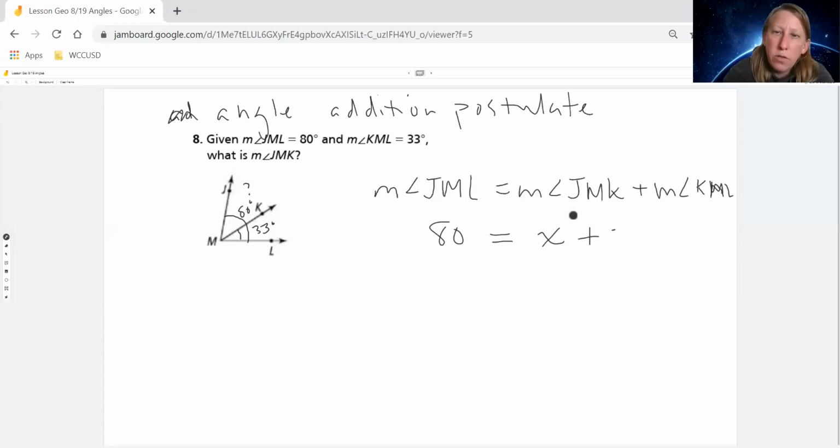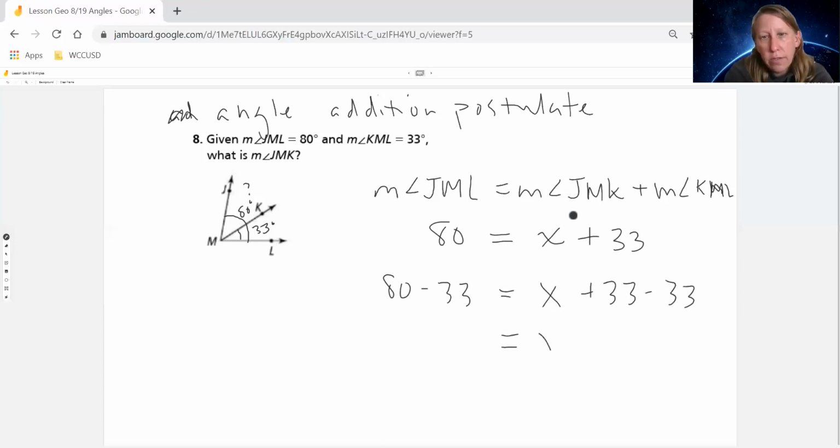Yep, it's 33. And you could just subtract 33 on both sides. And it's going to give you your answer. So 80 minus 33 is 47.